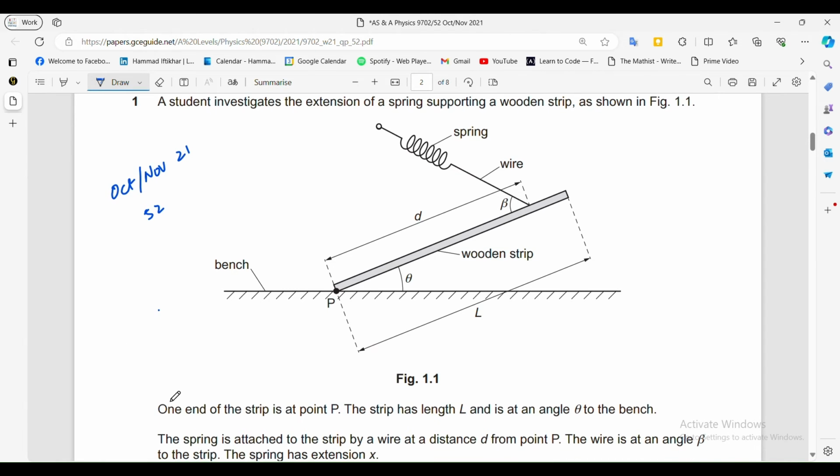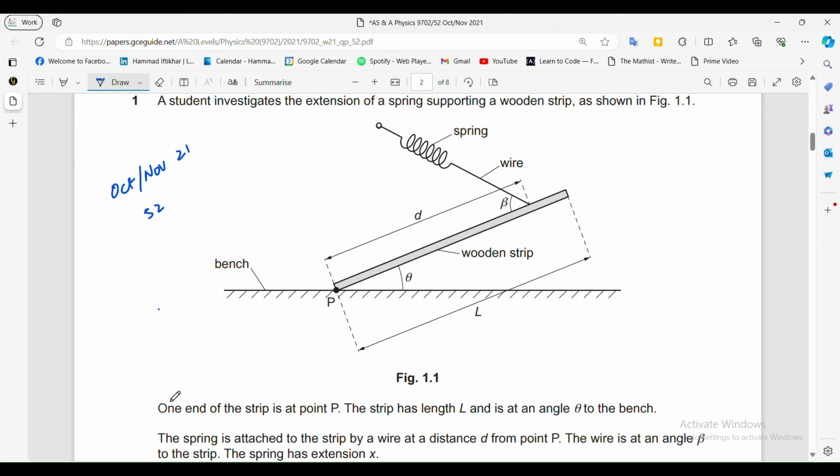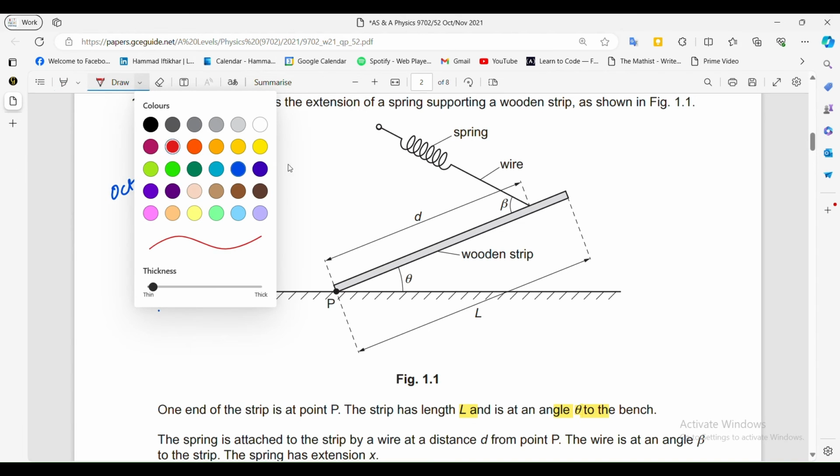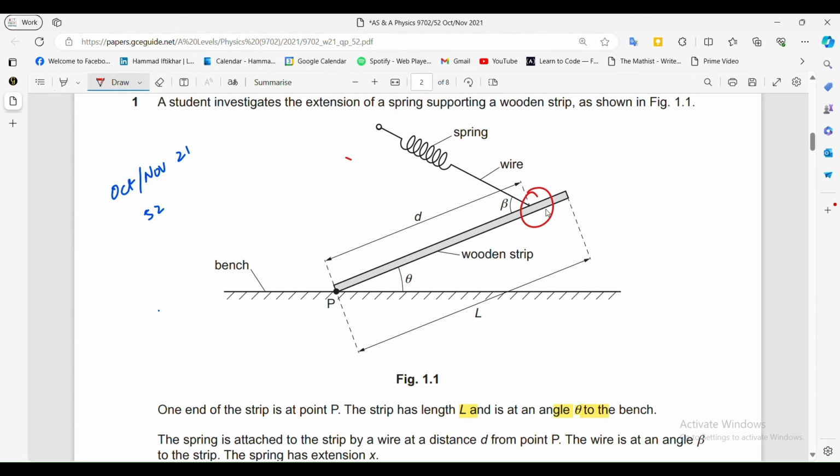One end of the strip is at point P and the strip has length L and is at an angle of theta degrees to the bench. The spring is attached to the strip by a wire at a distance D from point P.